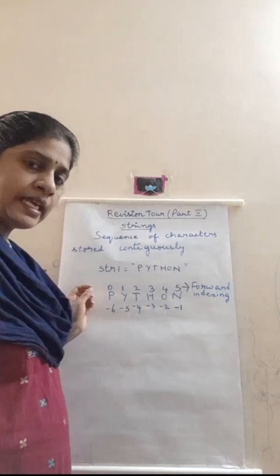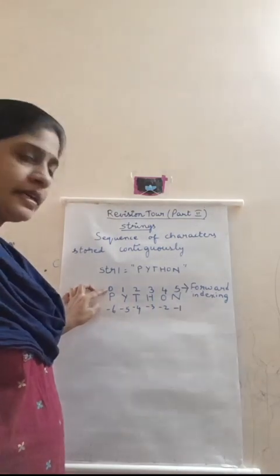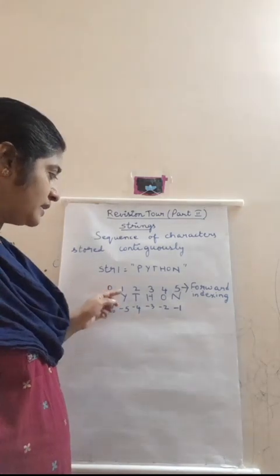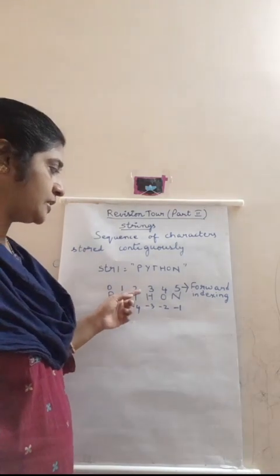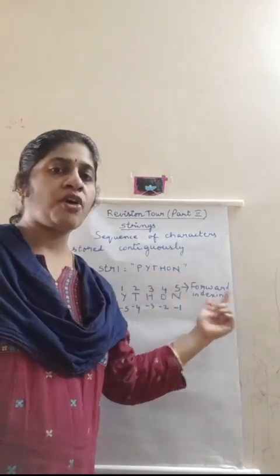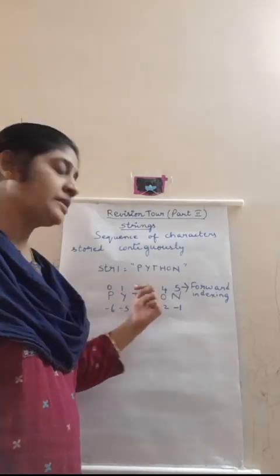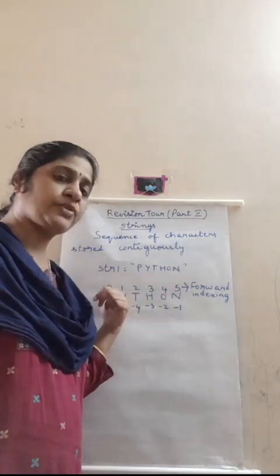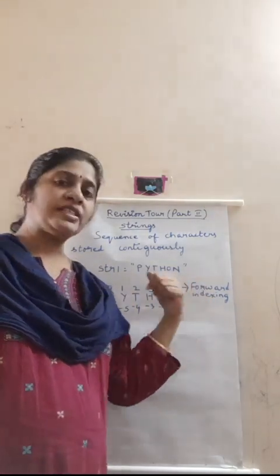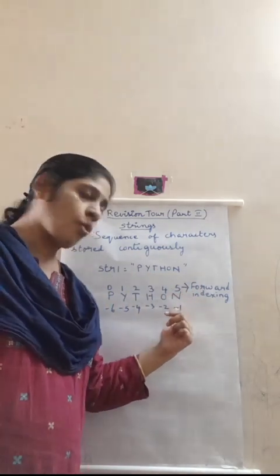See how the indexing starts from 0. The index of P is 0, then Y is 1, then T is 2, like that it will go. And this is called forward indexing. When the indexing starts from 0 with positive numbers, it is called forward indexing. Similarly, you can also go from the back.